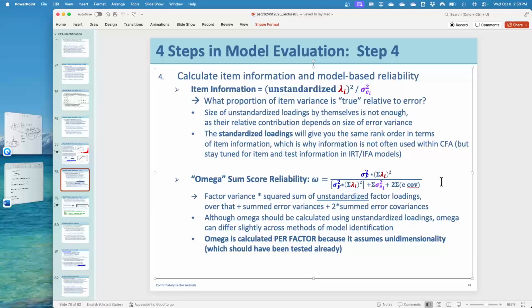That is the assumption that we call tau equivalence. So if we set a constraint on our model to say factor loadings are equal, we get coefficient alpha out of this formula. And for Spearman-Brown, it's a parallel items assumption, meaning all of our residual variances are set equal to each other as well.